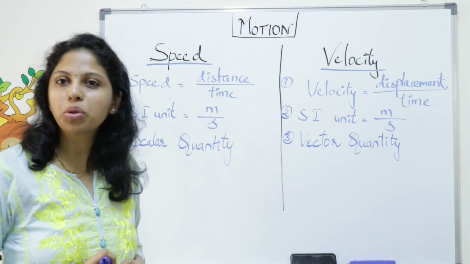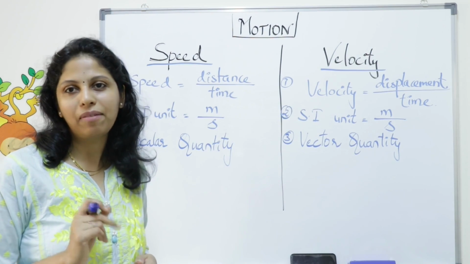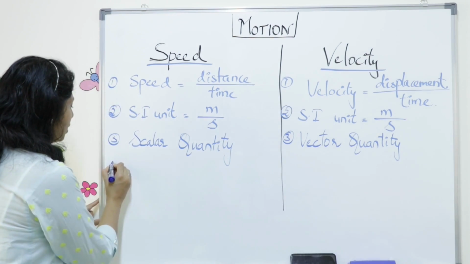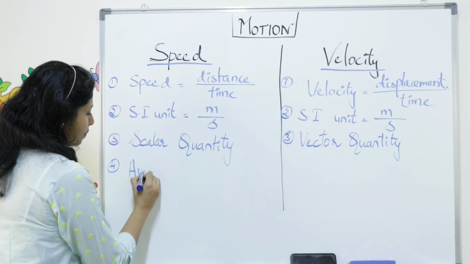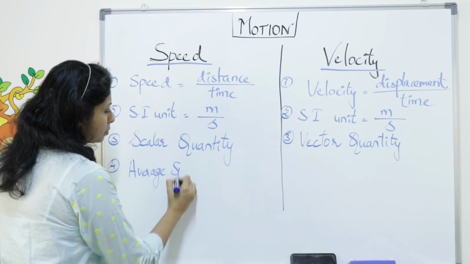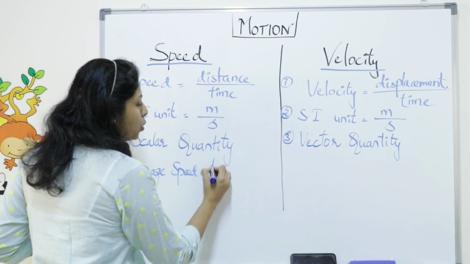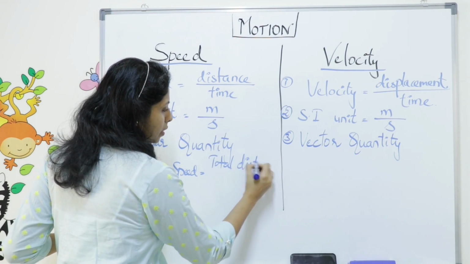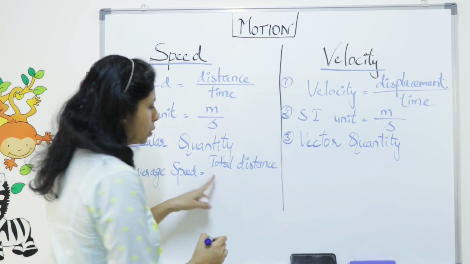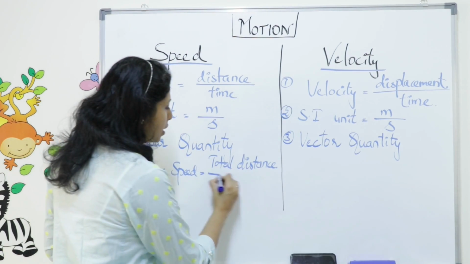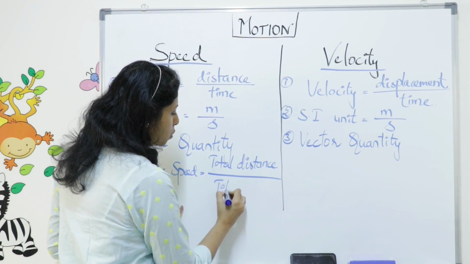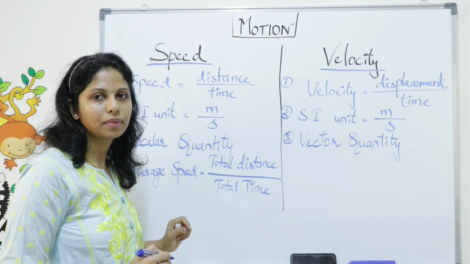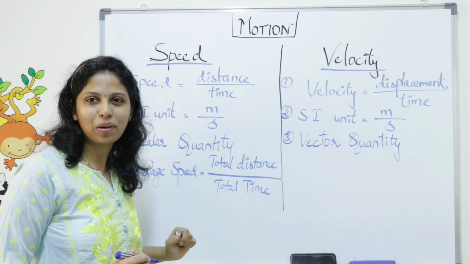Now, we should know how to calculate the average speed and average velocity. The formula for average speed is total distance covered by an object by total time. Okay. Now, what is average velocity?